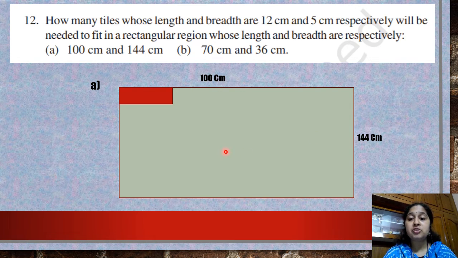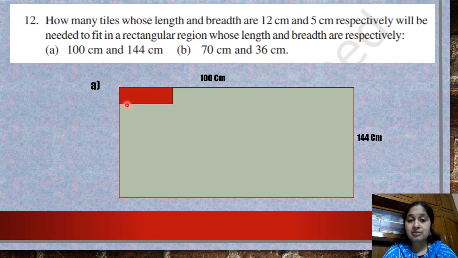So do you remember, children? Can you imagine your floor and tiles are placed on your floor, or your walls in the kitchen or in the washrooms? We have tiles placed on the walls. And if you talk about a rectangular region, whether it's a floor or a wall, the tiles are placed.